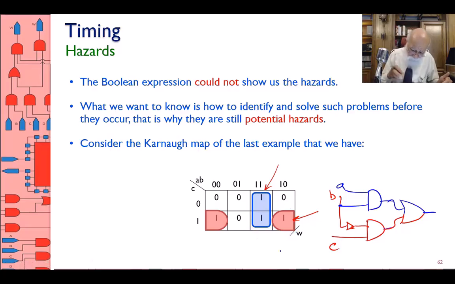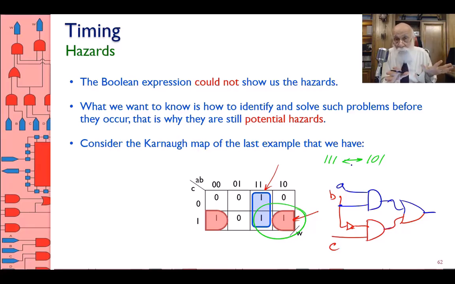Okay? So what I say is, because of these two adjacent ones that are not mapped together, I can tell that ABC 111 changing to 101, or the other way around, I have a hazard.